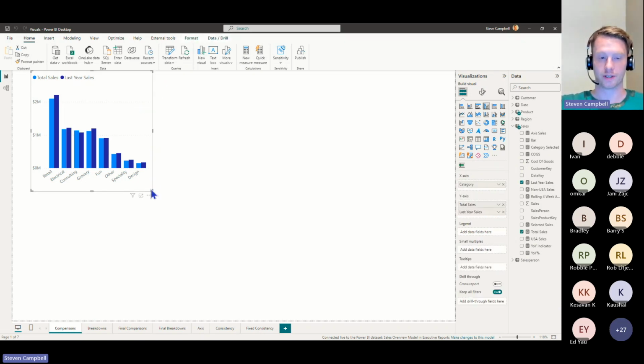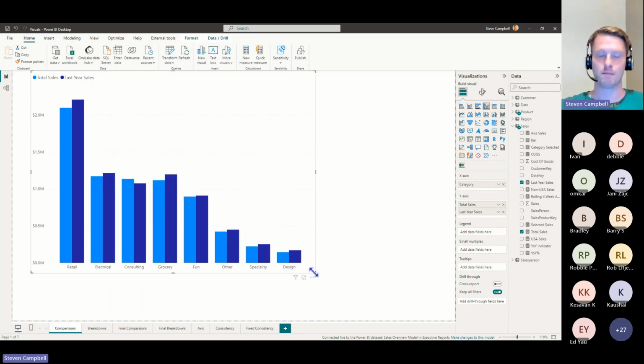My issue with a graph like this is that it makes users have to do extra work. So depending on, again, how the user's looking at it, there are a few things that I could do, and a few things that would change the way I design this. When you have a bar graph like this, we have total sales and last year's sales.